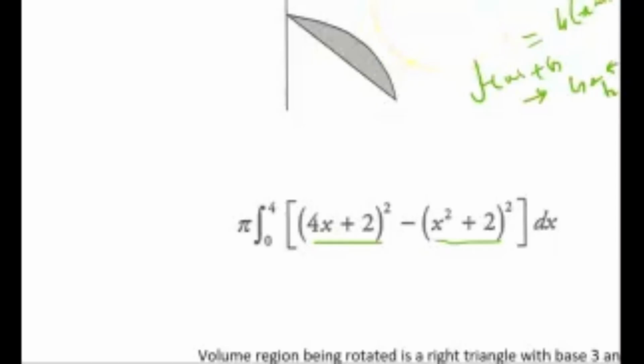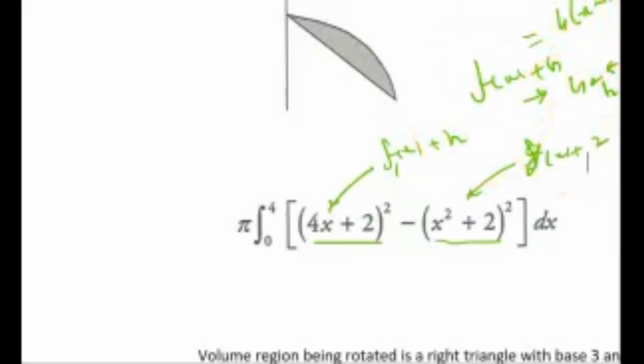Suppose this is f of x plus h, the first function, and the other we can call g of x plus 2. So we have two different functions shifted to the other side.